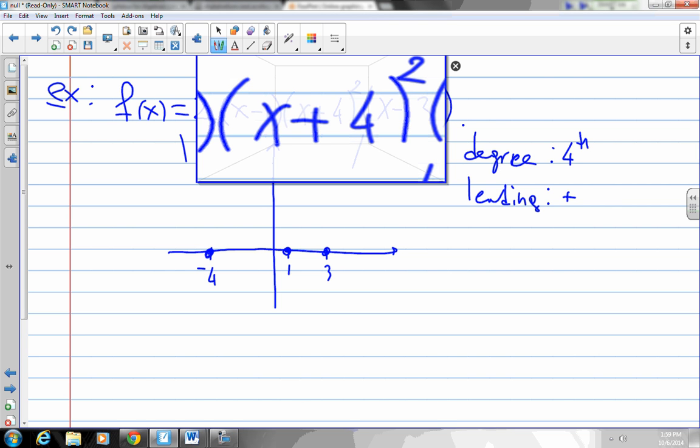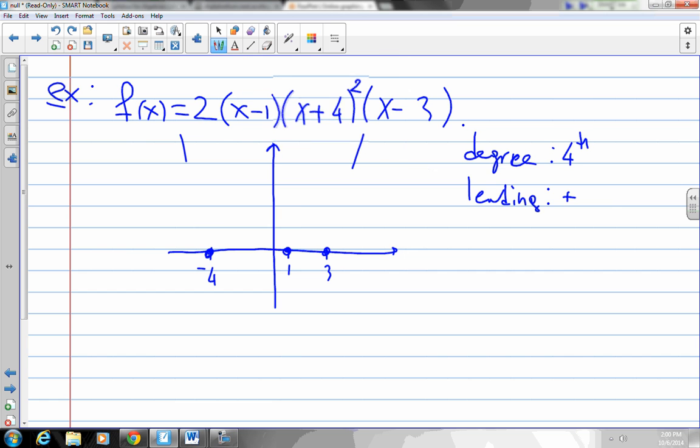It's a parabola shifted 4 units to the left. So you're going to have a tiny parabola at -4. The rest of them are linear, so you're going to have just straight lines going through the rest of them. If I make one of them cubed, you're going to have a tiny cubic shifted 3 units to the right. So locally, they look just like those functions taken apart.